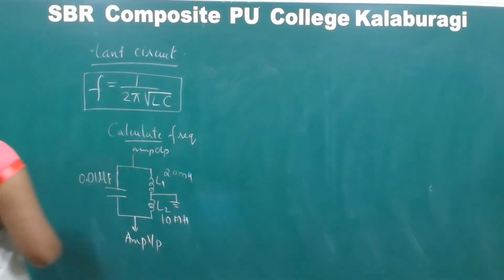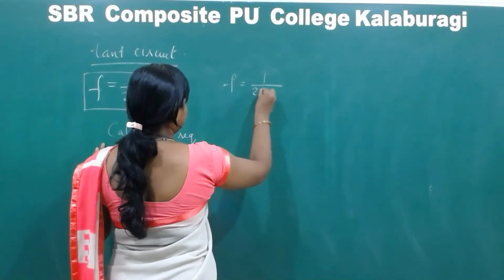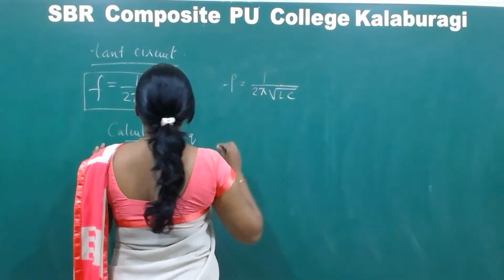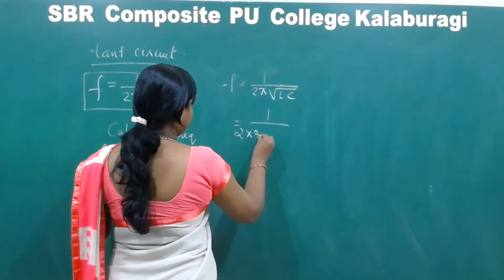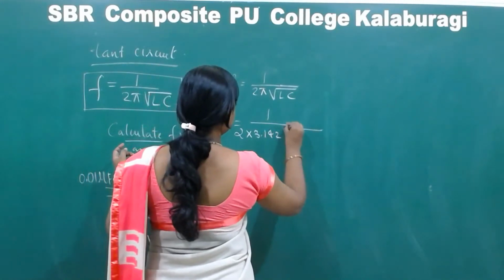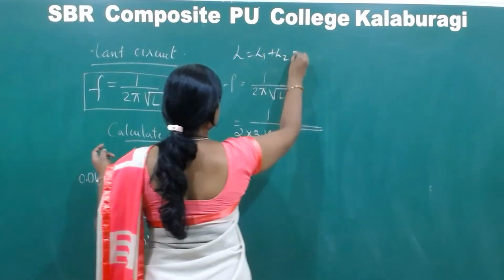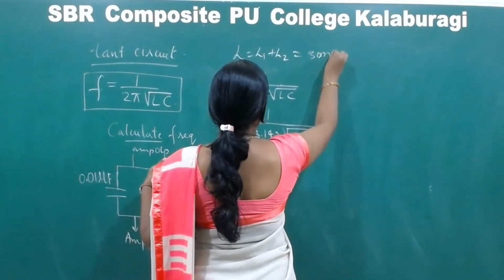So the frequency F is given here itself. F is equal to 1 by 2 pi under root LC. Here, 1 by 2 into 3.142 into under root, where L is equal to L1 plus L2, which is 30 millihenry.